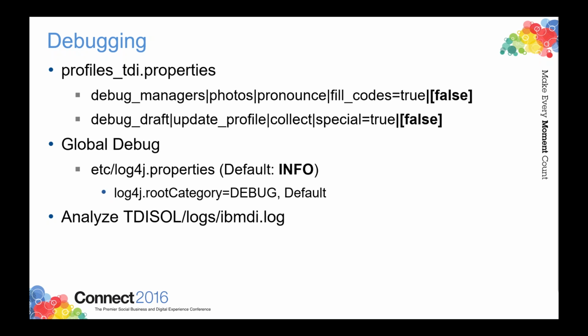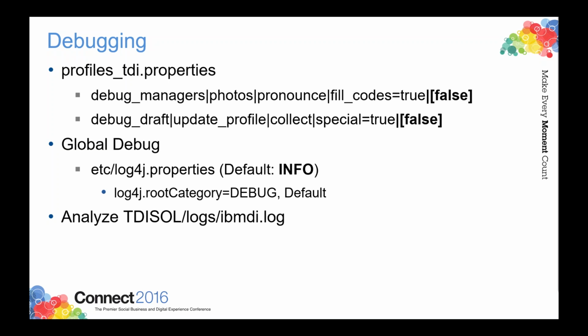There are 2 ways to enable debug. You can enable special debugs within the profiles TDI properties for managers, photos, pronouns, fill codes, update, parameters set to true. This will provide you some more information, but I like to change the global one in etc log4j properties.